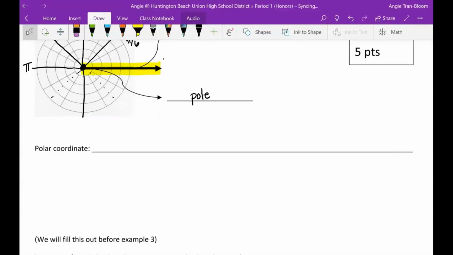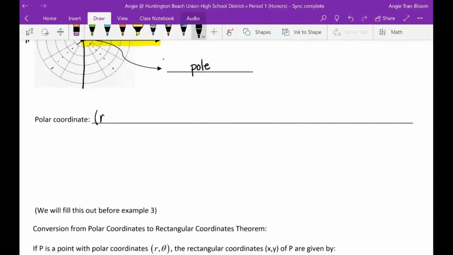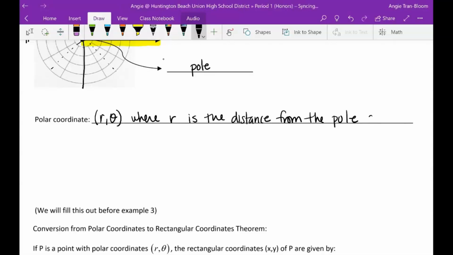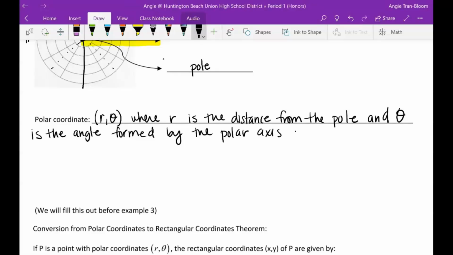So what is a polar coordinate? In polar coordinates, we are going to use r comma theta, where r is the distance from the pole, and theta is the angle formed by the polar axis and a ray.